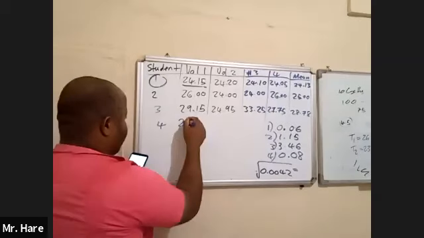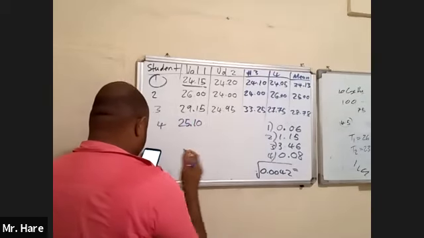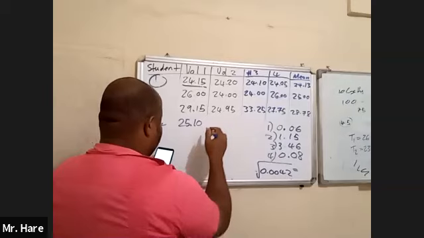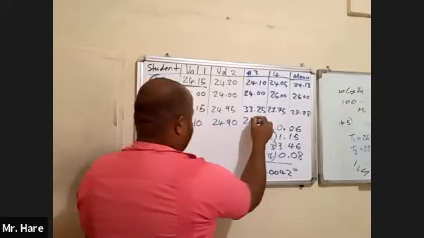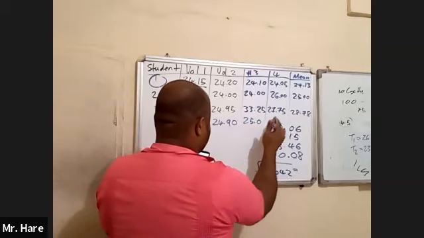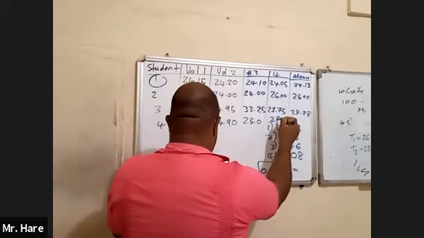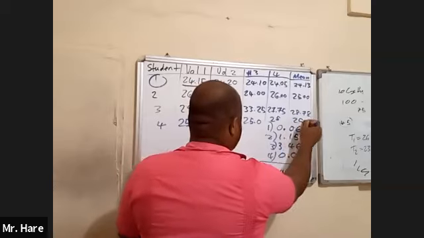It was 25.10, then 24.9, then 25, 25, 25.